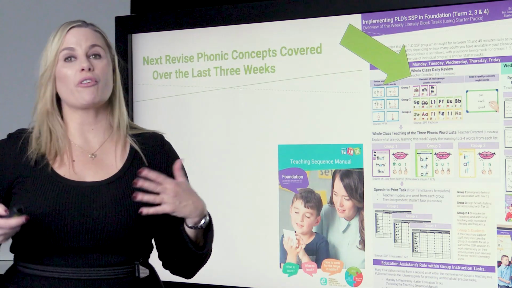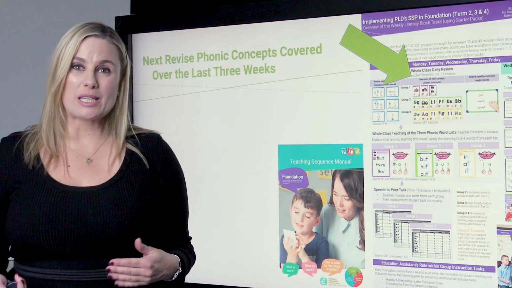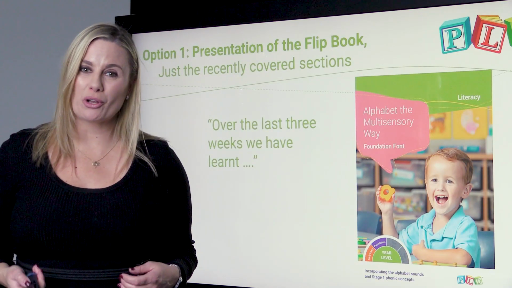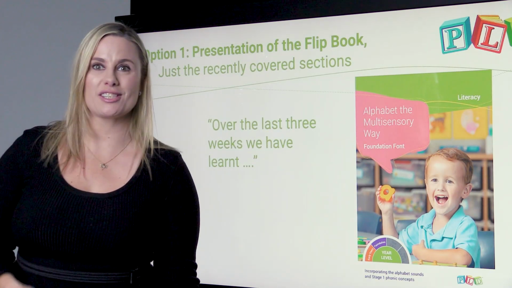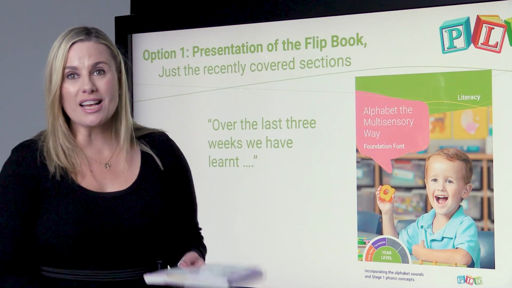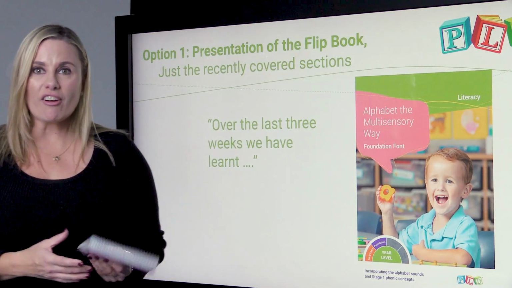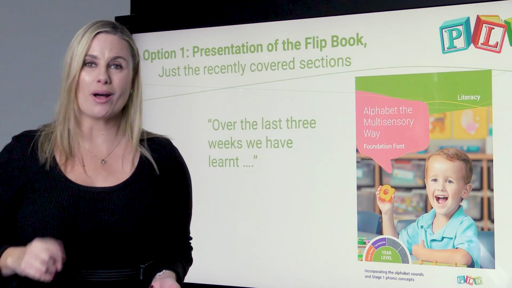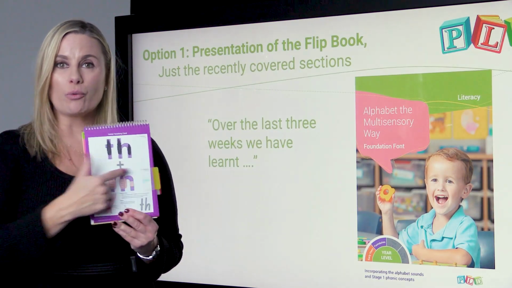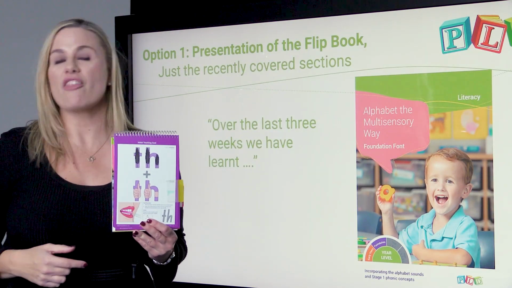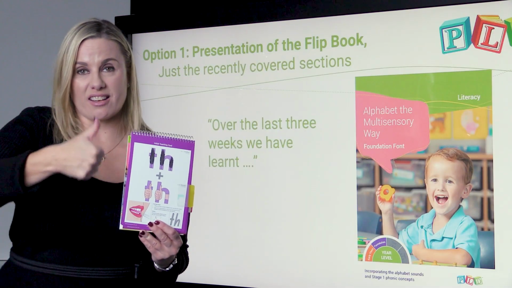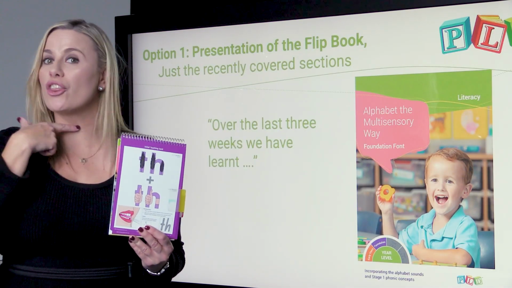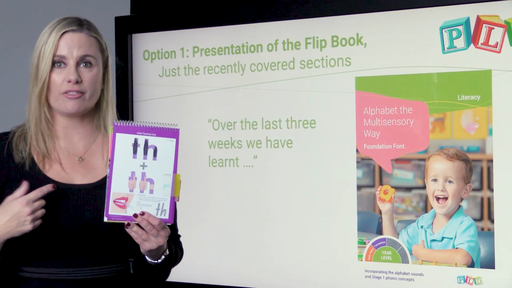Next, we move into a revision of the previous 3 weeks' worth of phonic concepts. Option 1 is the presentation of the flip book, just the recently covered sections. Group 1, over the last 3 weeks we have been learning digraph sounds. What's a digraph sound? It is 2 letters working together to make the one sound. So we have learnt when T and H go together, they can say th as in thumb, and they can also say th as in feather.